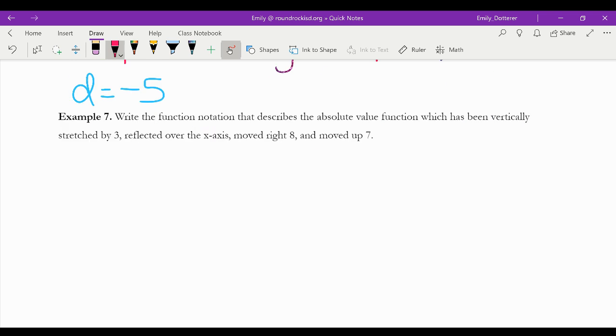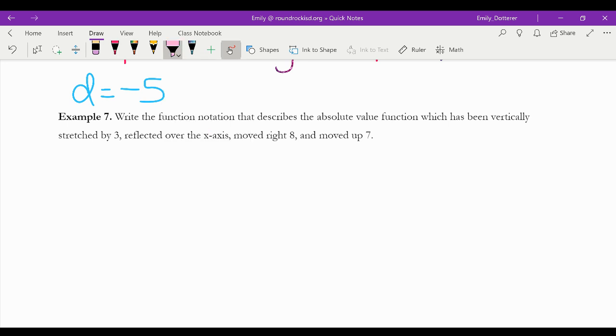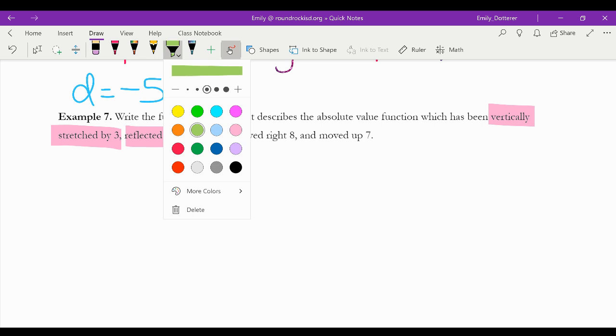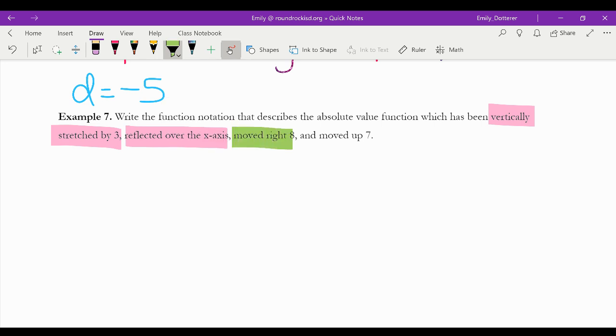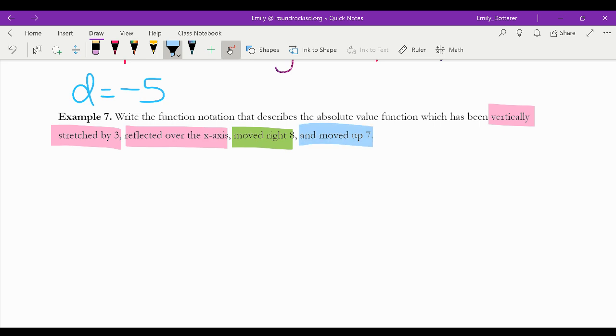Last one, write the function notation that describes the absolute value function, which has been vertically stretched by 3, reflected over the x-axis, moved right 8, and moved up 7. So we have a reflection this time, so our a value is negative.